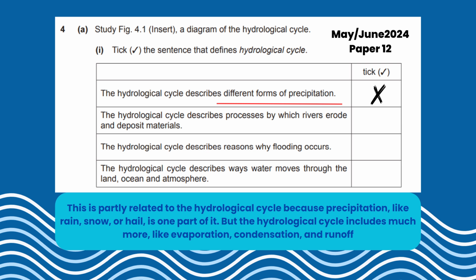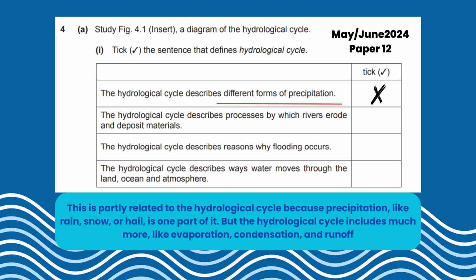And the key processes in the hydrological cycle, also known as the water cycle, include evaporation, condensation, precipitation, infiltration, and runoff, and other things. This cycle plays a very important role in regulating the Earth's climate and supporting ecosystems.